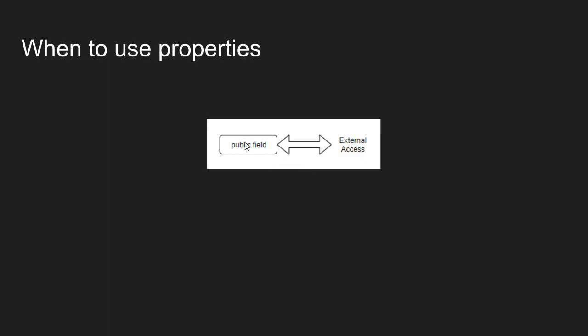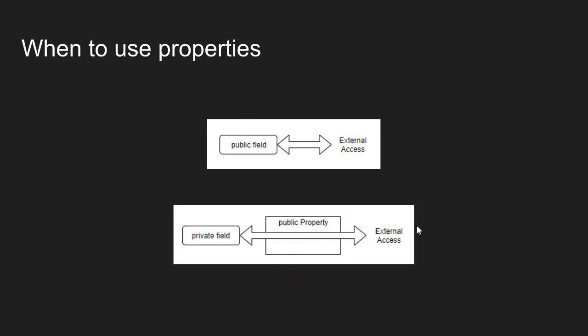So instead of just making the field variable public, we are going to create a pass-through, a protection, through a property. So a property is going to stand between the field variable and the outside world. In this case, we would make the field variable private, and then inside our property, we would create some logic rules that restricted the access to the field variable.